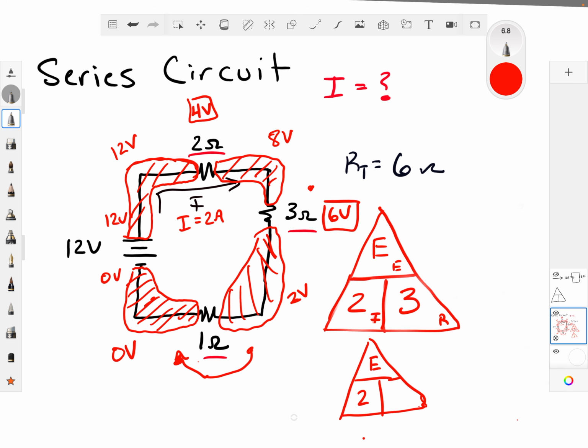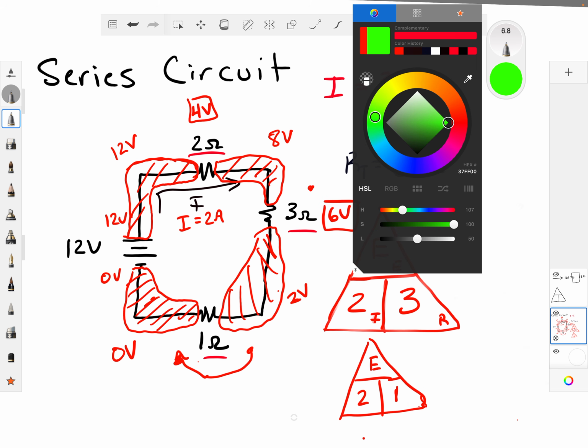We know that it's 2 amps, 1 ohm resistor, 2 times 1 is 2, and therefore we are back down to 0 volts. So with a series circuit, the voltage is shared among the resistors, and we get a voltage drop across each resistor.